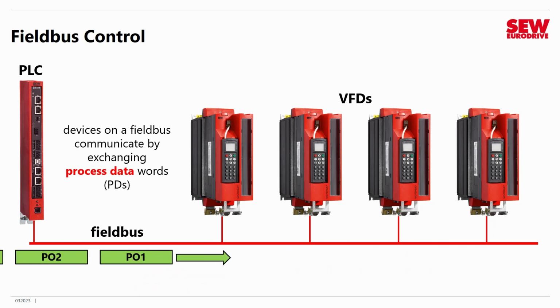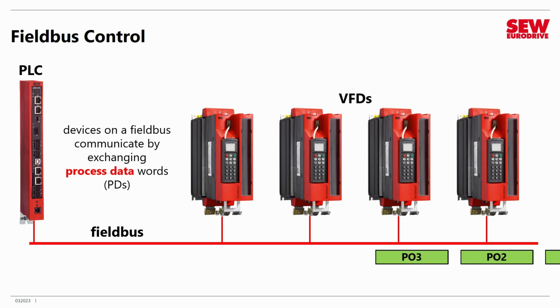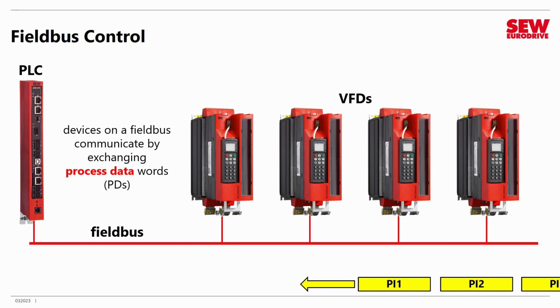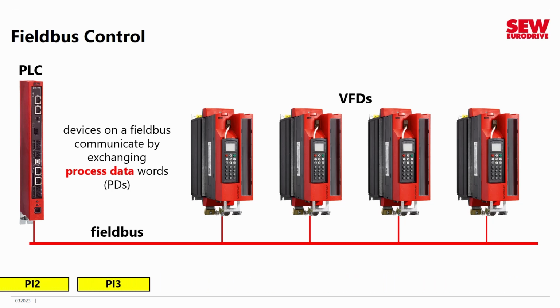Kind of like this. POs go out from the PLC to the VFDs, and PIs come back. And you notice in each case here we had 3 POs or PIs. That's a very common communication standard where we send 3 process data words in each direction.